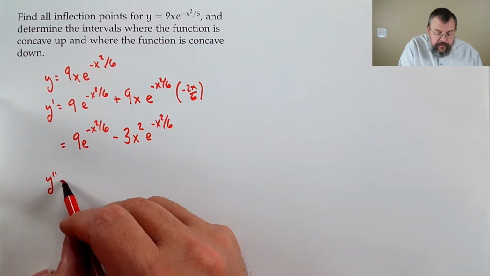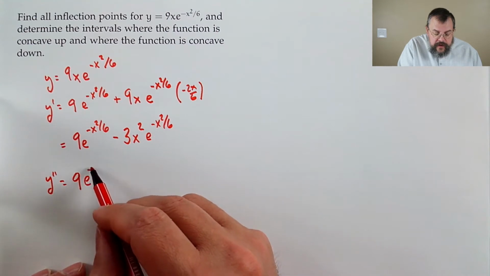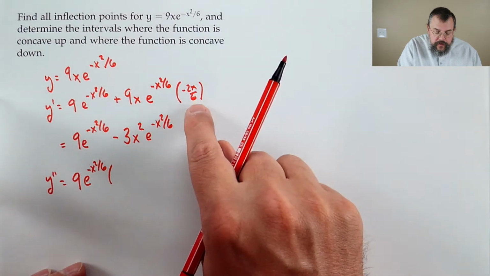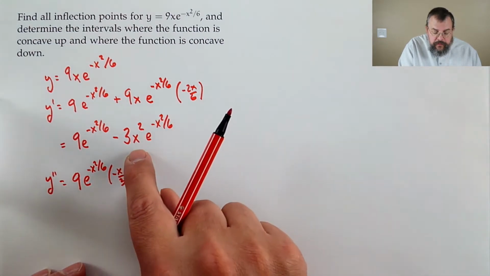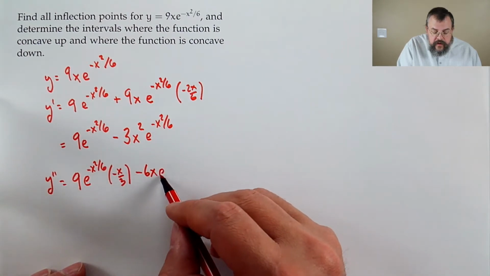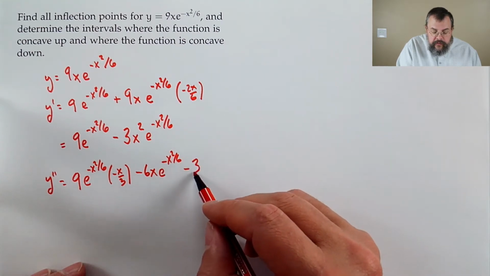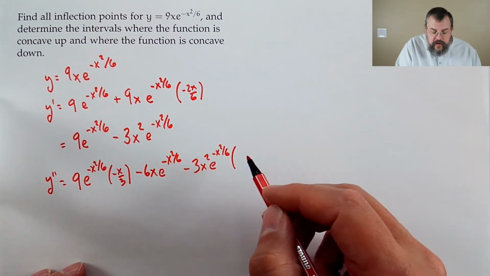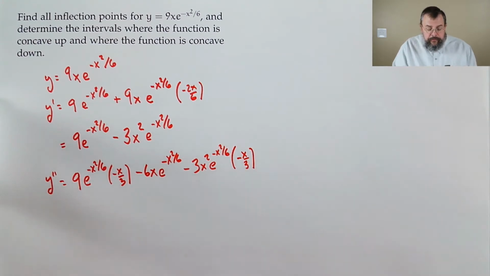Y double prime. So for the first term, 9, and then the derivative of e to the minus x squared over 6, well, we've done that. So remember, multiply by the chain rule, minus x over 3. Product rule, derivative of the first, 6x e to the minus x squared over 6, and then minus 3x squared e to the minus x squared over 6 times the derivative of minus x squared over 6, which is minus x over 3.